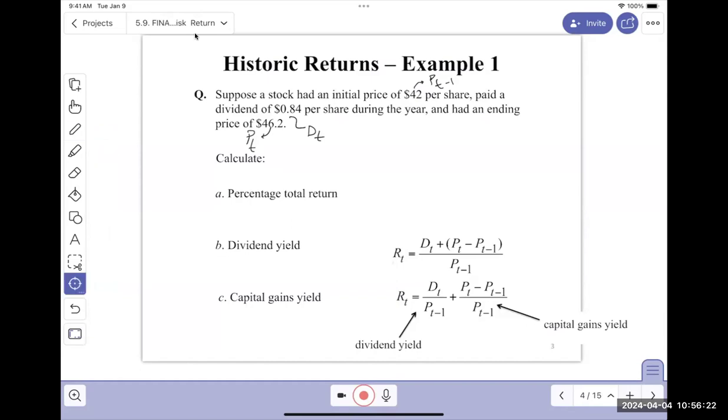I'm just leaving it as T. Just keep it simple. The T and the T minus 1 are mostly there to differentiate between the past and the current.